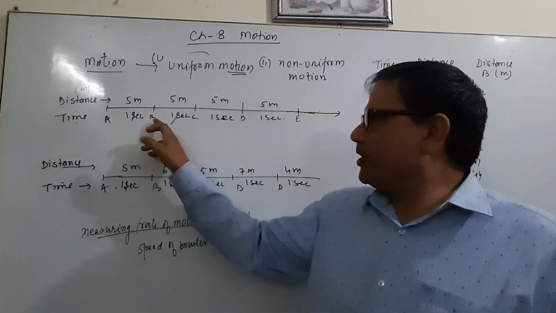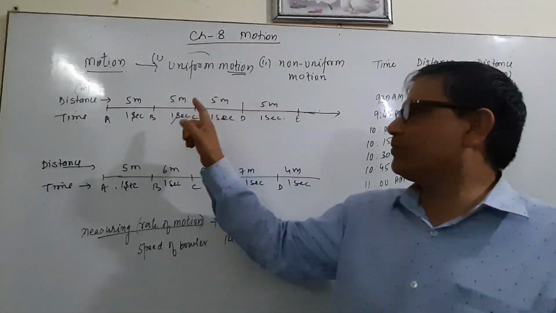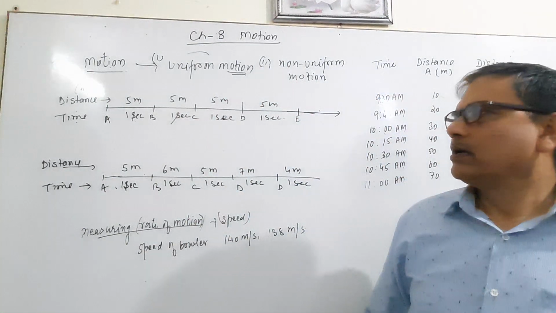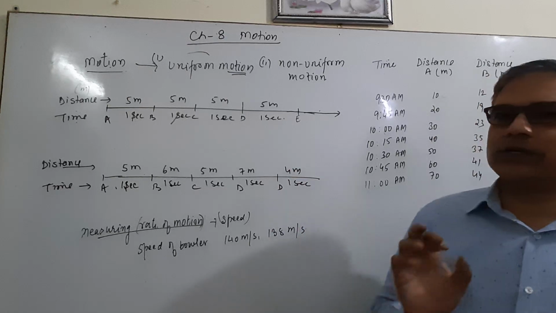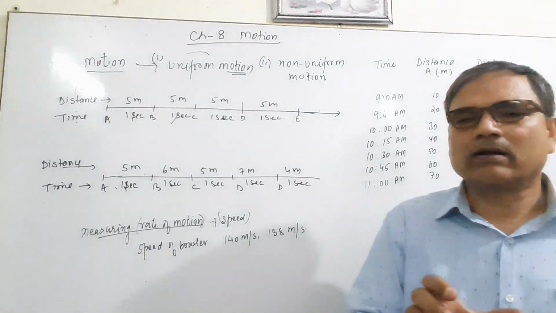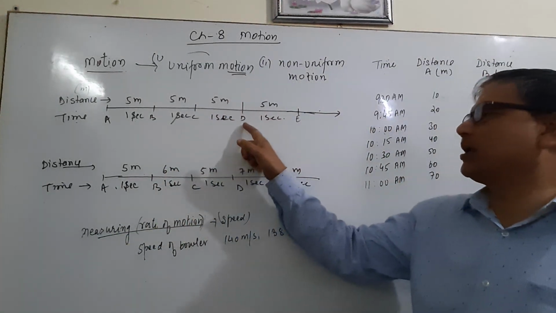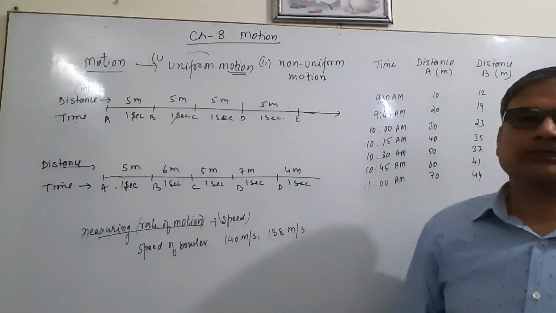From B to C the distance is 5 meters in 1 second, and from C to D again 5 meters in 1 second, and similarly D to E and so on.